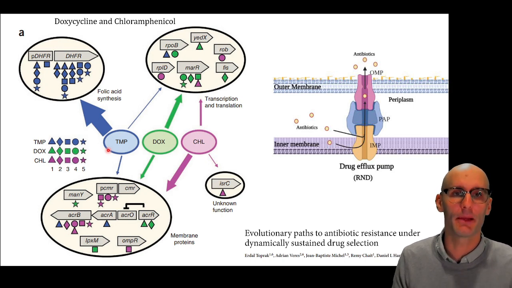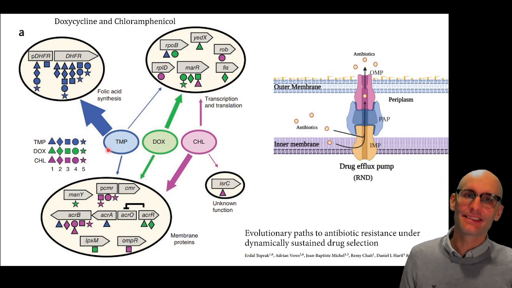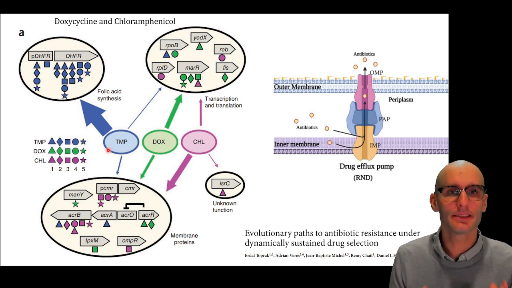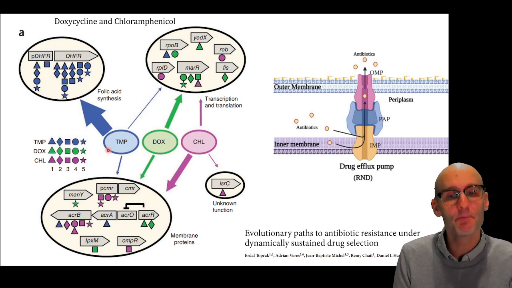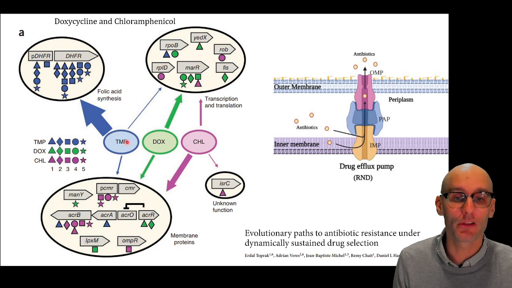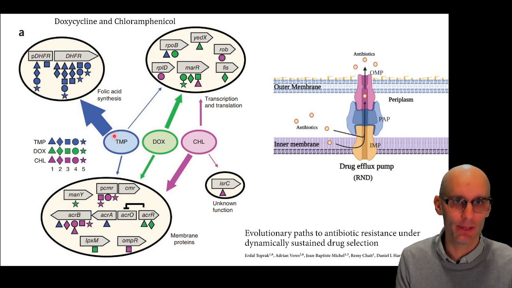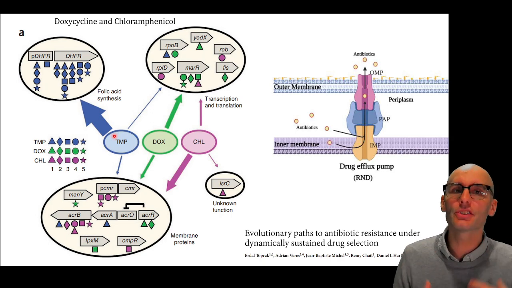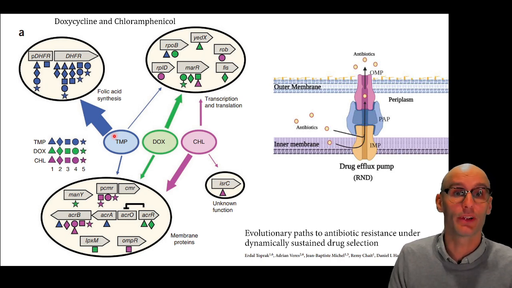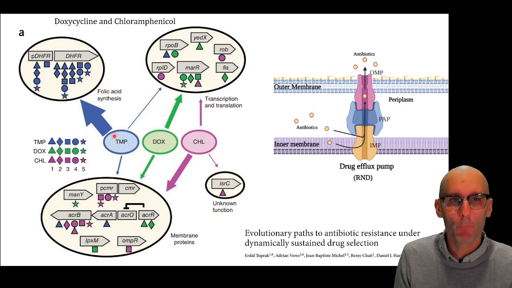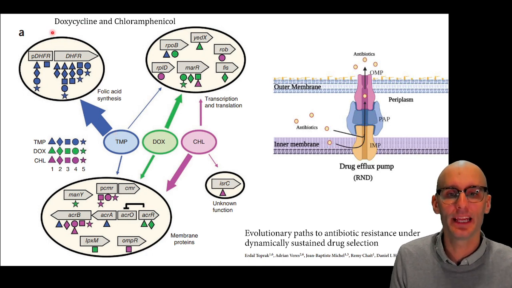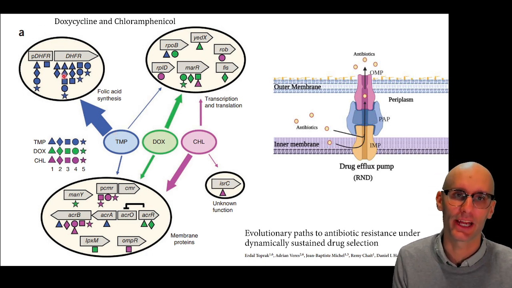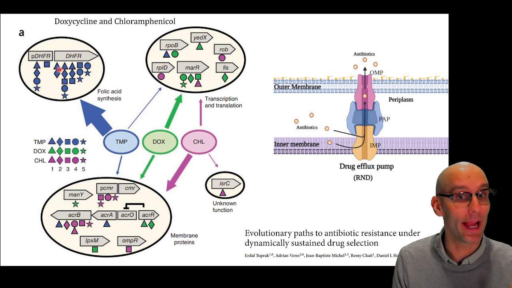The one thing I'll say about that is that mutations come at a cost, right? So for example, if we were to remove the TMP pressure, so now the bacteria are growing in regular conditions, and we were to just grow them for say a month in regular conditions, what we might expect to happen is these mutations in the DHFR gene to be reversed. Why is that?